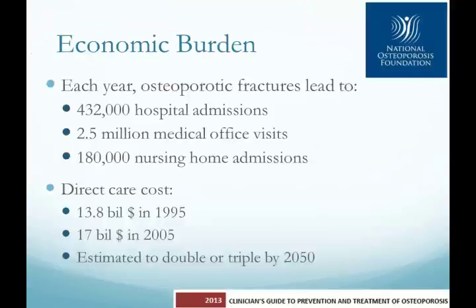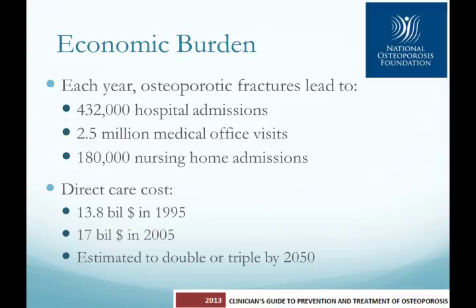What about the economic burden? Each year, about 500,000 hospital admissions because of osteoporotic fractures, 2.5 million medical office visits, and about 200,000 nursing home admissions because of osteoporotic fractures. What's the cost? And this is just the direct care cost, the cost of care of the patient.